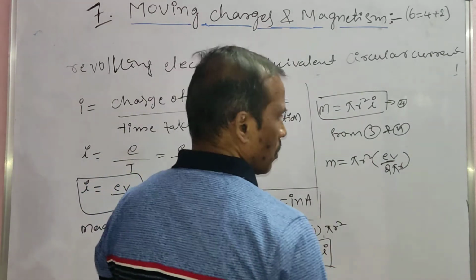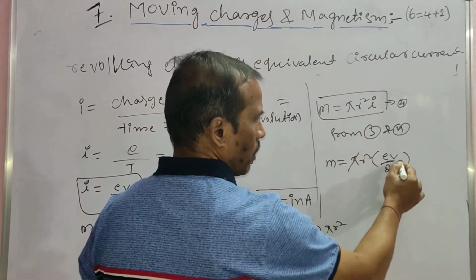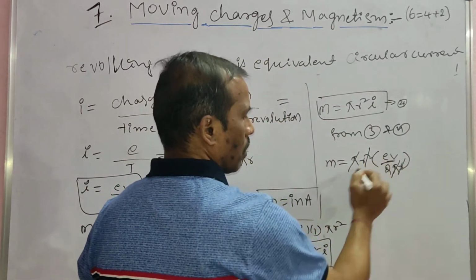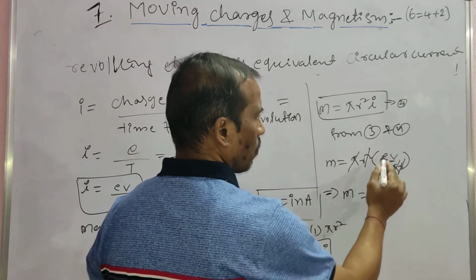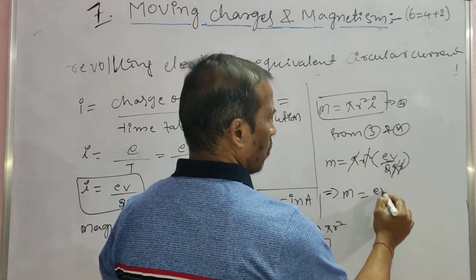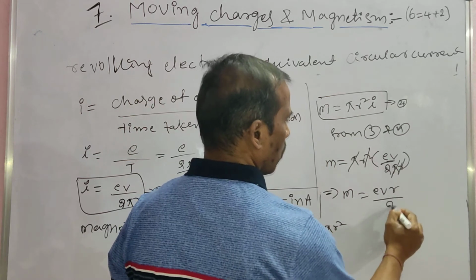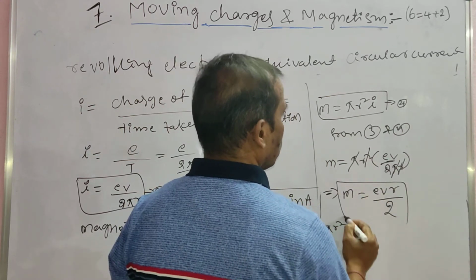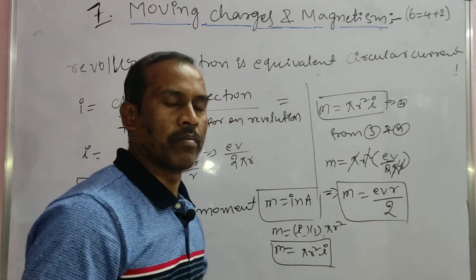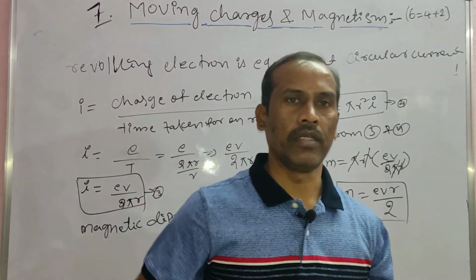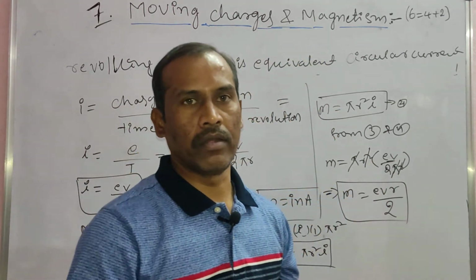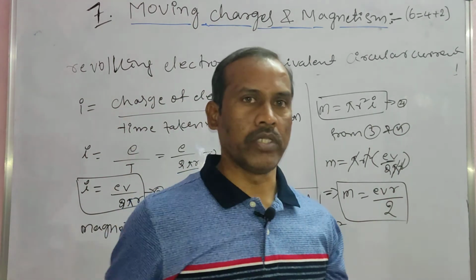Pi gets cancelled, and one r gets cancelled. So it simplifies to m equal to evr by 2. This is the magnetic dipole moment of a revolving electron in the circular orbit.